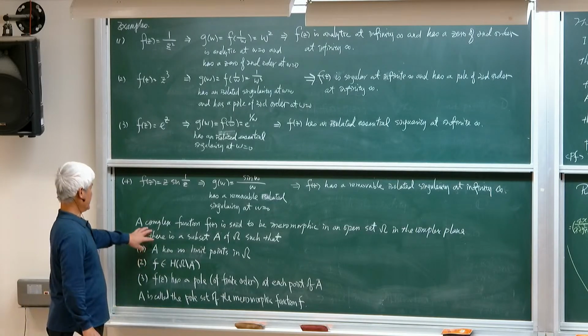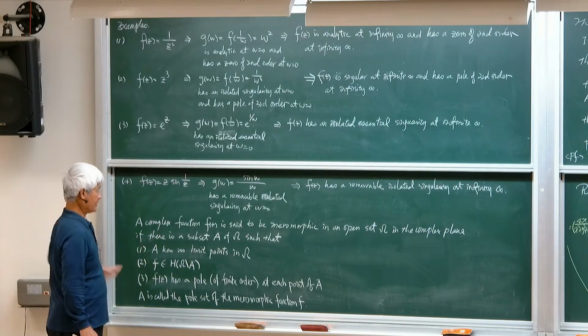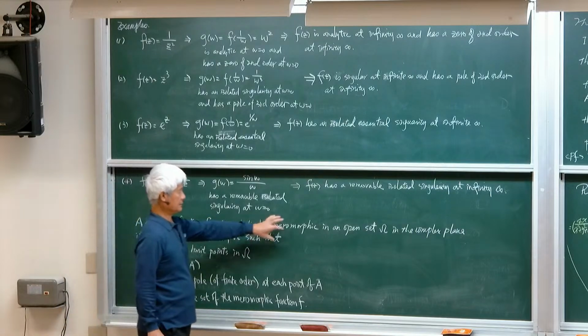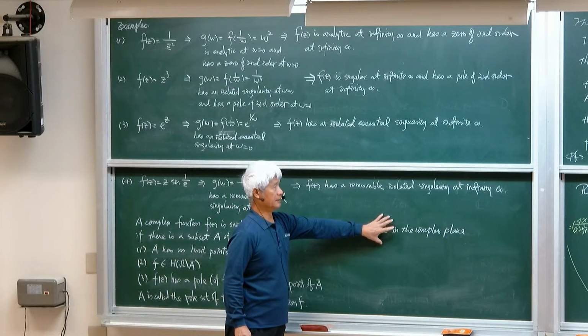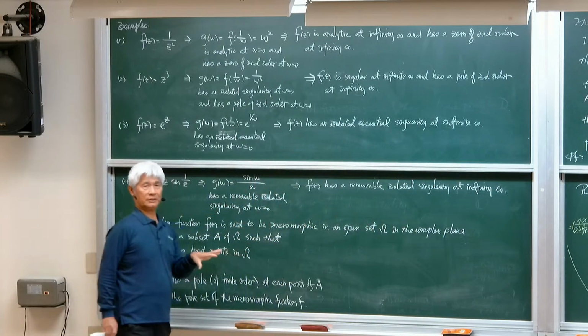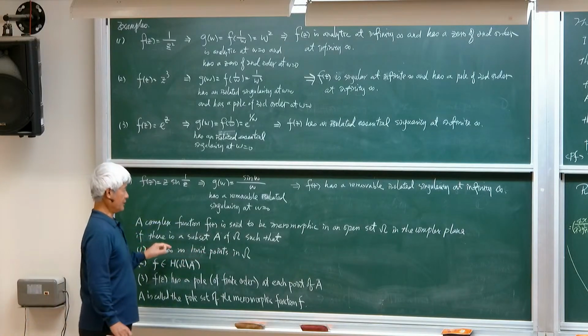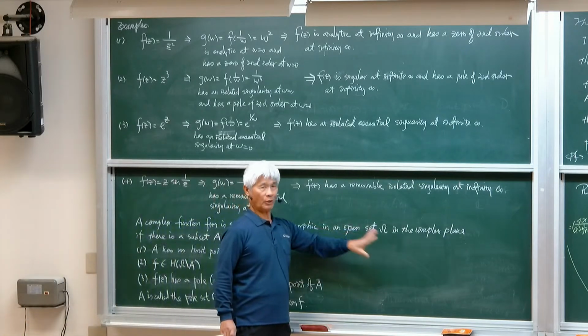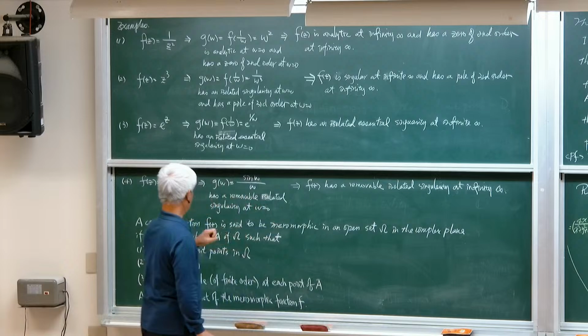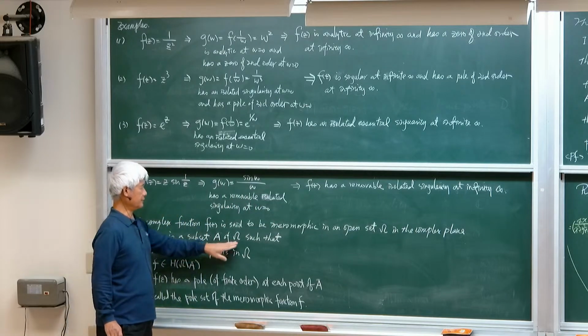All right. So a meromorphic function in an open set omega is almost an analytic function on omega, except a subset A of omega.